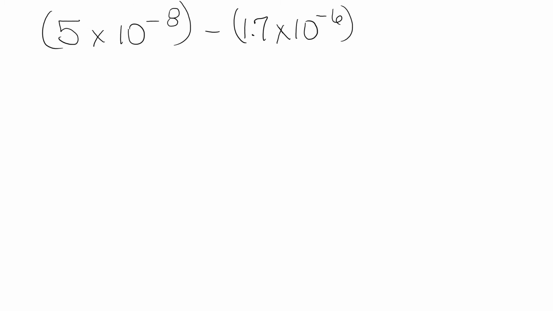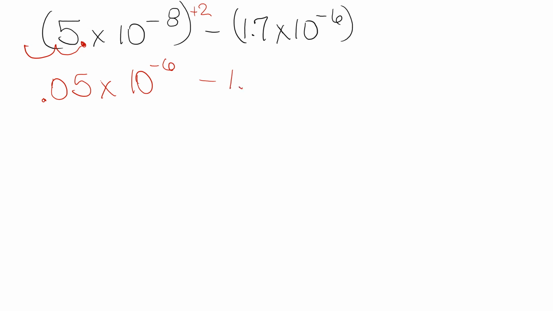In order to do that, I will need to add 2 to negative 8. That would make this 10 to the power of negative 6. When I add 2, that means I'm moving my decimal forward 2 places. The decimal is currently behind the 5, so I would move it 1, 2. So this becomes 0.05 times 10 to the negative 6.